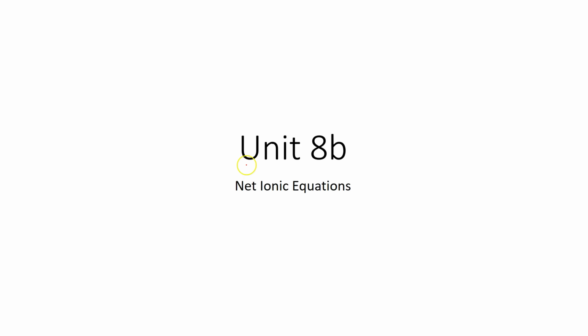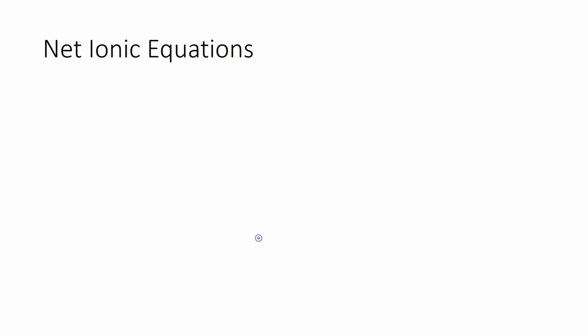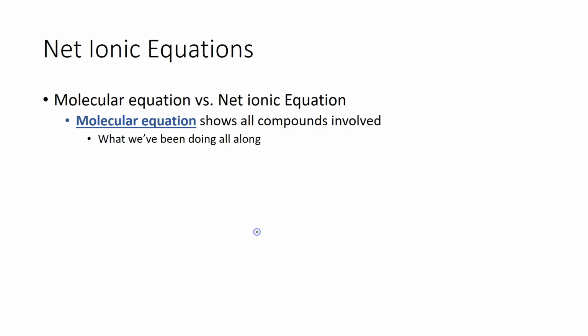So a couple things to point out. Notice we're calling this unit 8b, and that is simply because it's really just a continuation of our unit on reactions. We're going to focus in on what are called net ionic equations. What those are is understanding the fact that not everything is involved with an actual reaction.